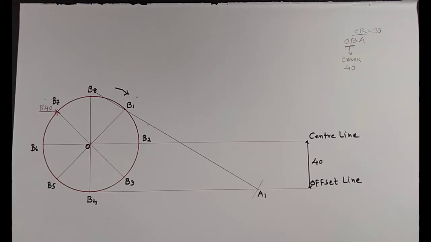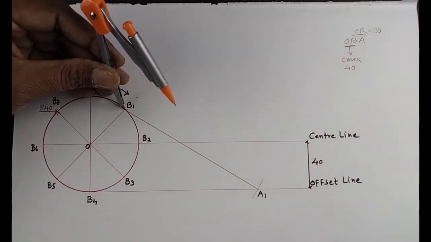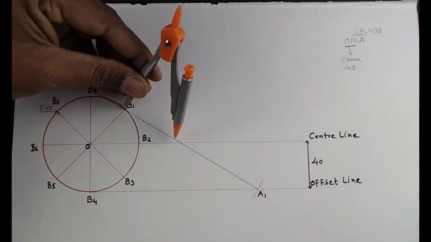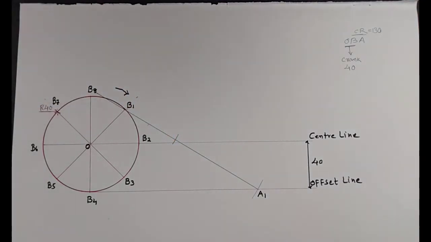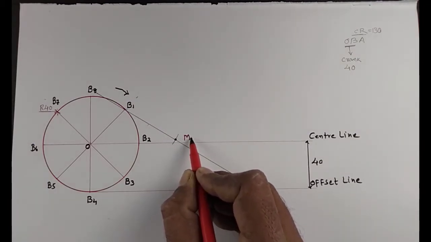So the one point M is given 50 mm from B on the connecting rod BA. So what I do, I take the 50 mm radius on connecting rod B1A1. I draw the arc on the connecting rod at 50 mm and mark my M1 point.